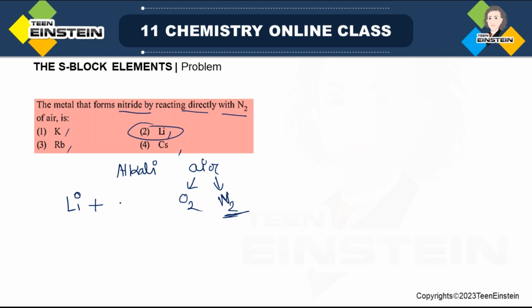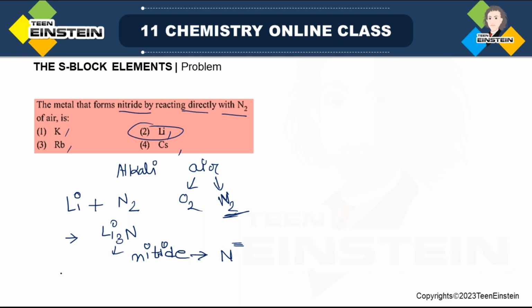Only lithium reacts with nitrogen and it forms lithium nitride, Li3N. So here nitride means nitrogen carrying 3 negative charge. So to balance 3 negative charge, we need 3 lithium.